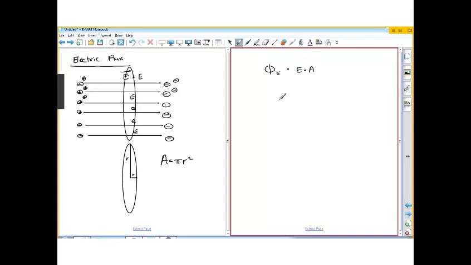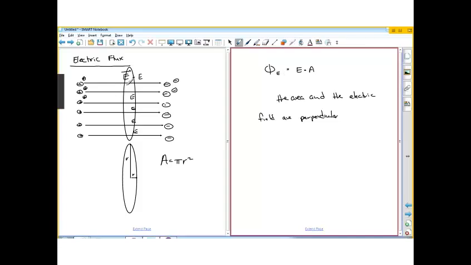And this is because the area and the electric field are perpendicular. So this is specifically for that case.